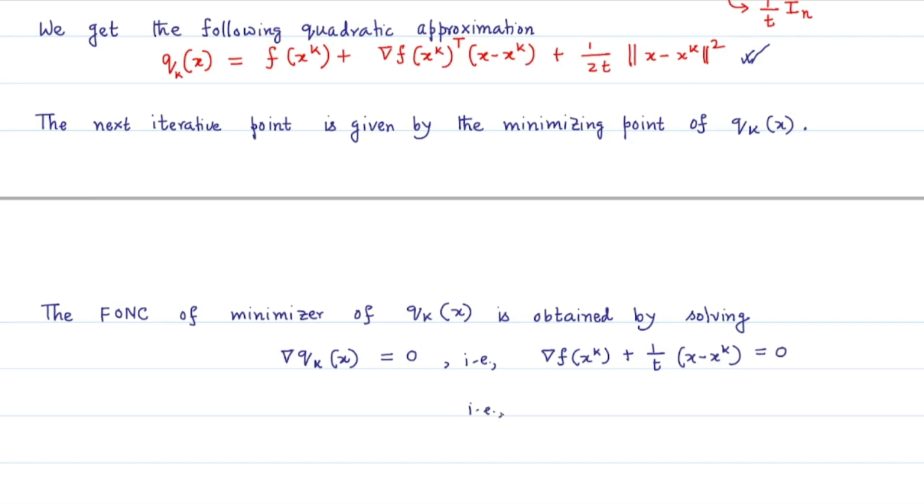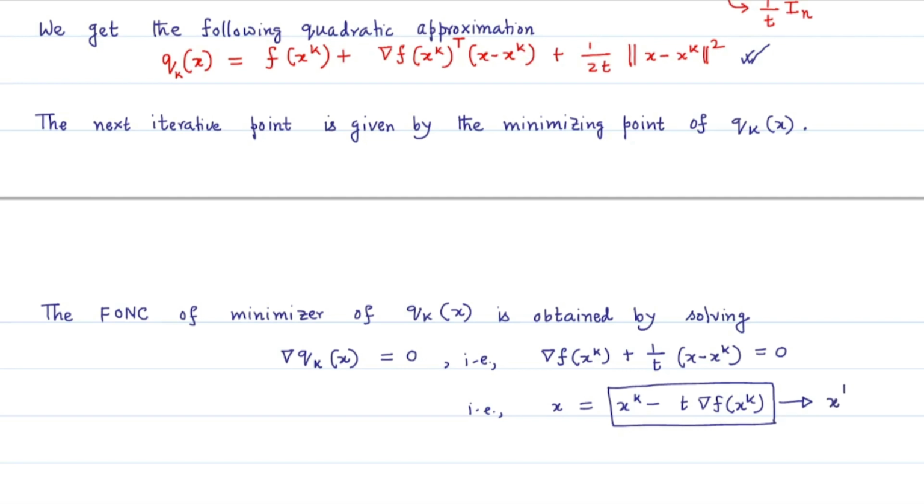That is, we get the point xk minus t times gradient of f(xk) as a possible minimum point of qk(x). Now we consider this expression as the next iterative point from the point xk.